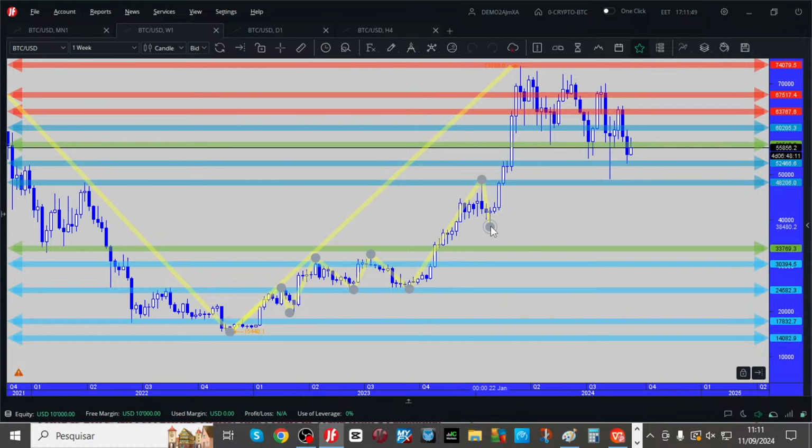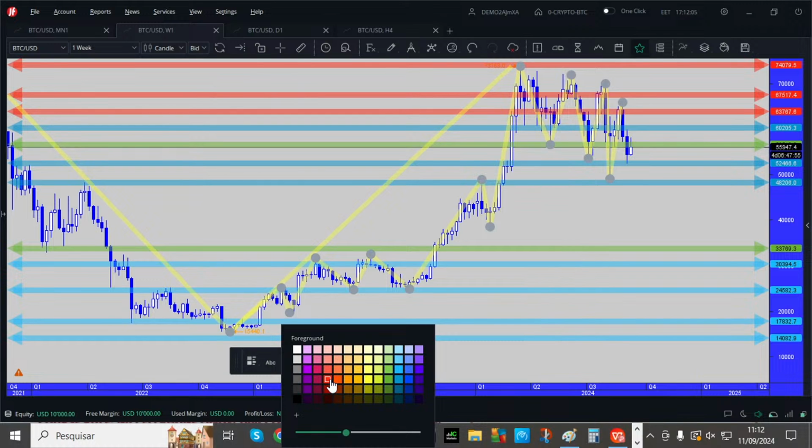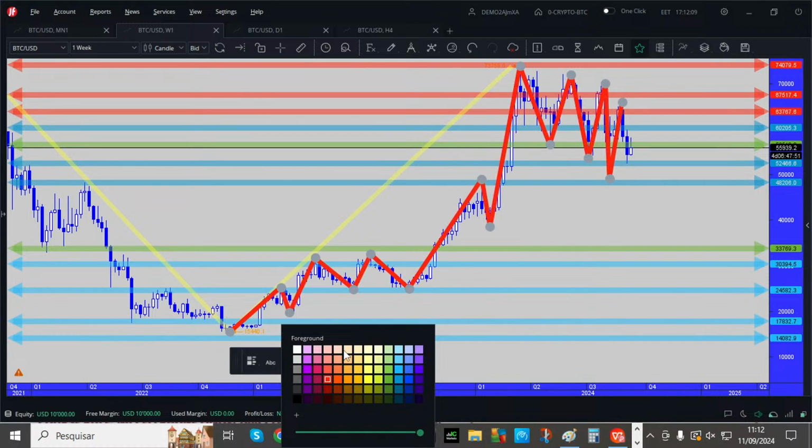Low to high to low to high, high to low to high to low to high to low to high. And we're going to color code this in red and make it a little bit transparent.